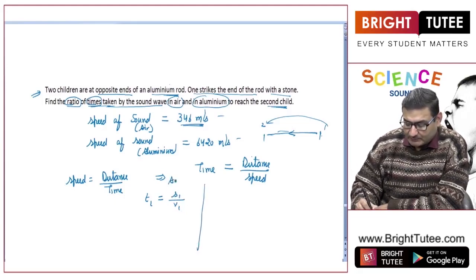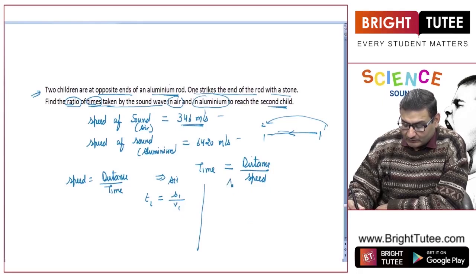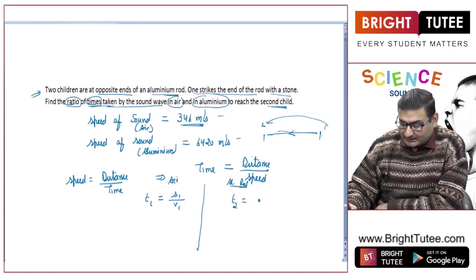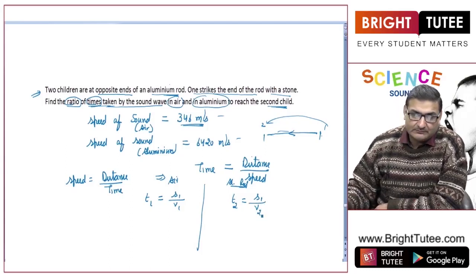When we talk about an aluminium rod, let the time taken be T2. The distance is the same, S1, divided by the velocity V2.